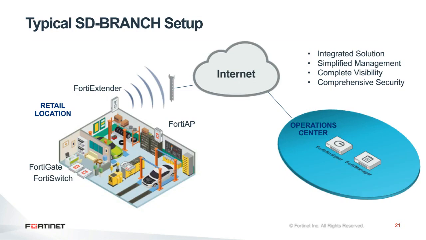So as you see, a typical SD branch setup is what CP has mentioned. I think I take this slide back from him, is that there are many components that you can actually deploy.